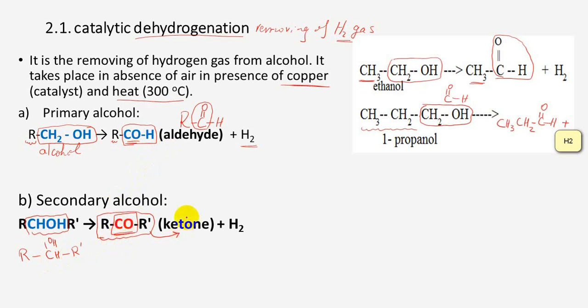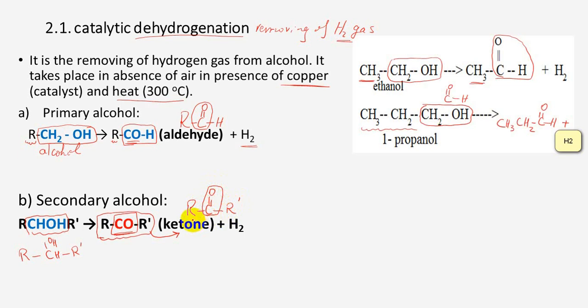Also, ketone we can write as R C double bond O, and the other part remains the same. We only change the carbon of the functional group. This is the mild oxidation.